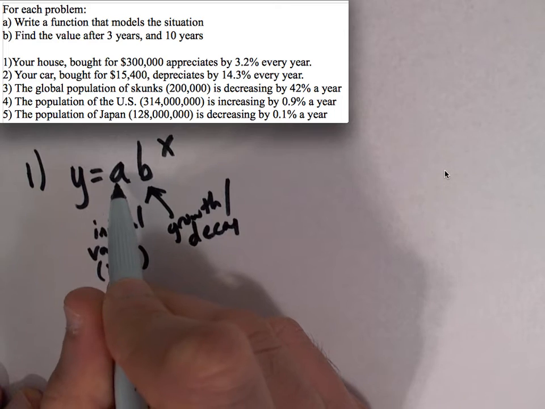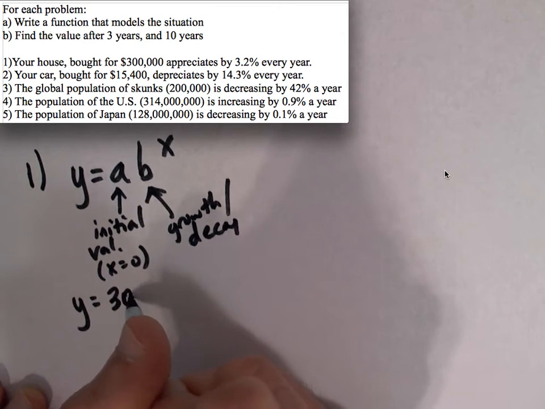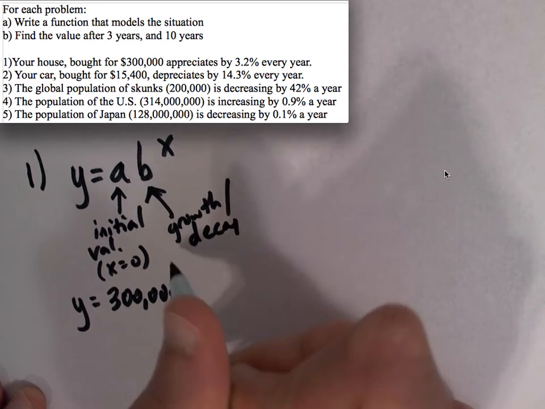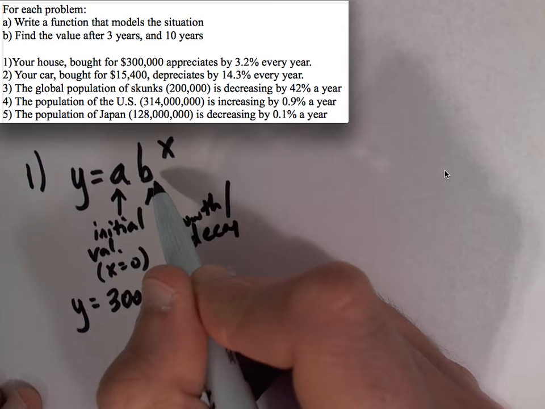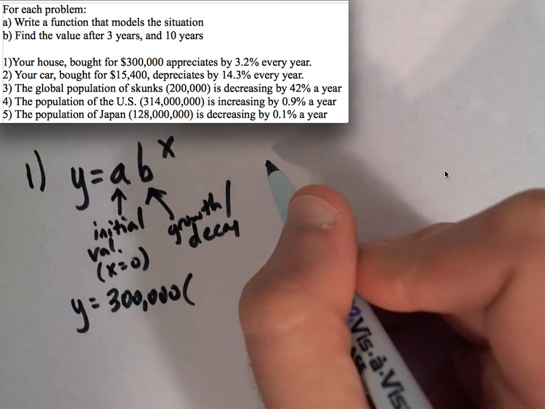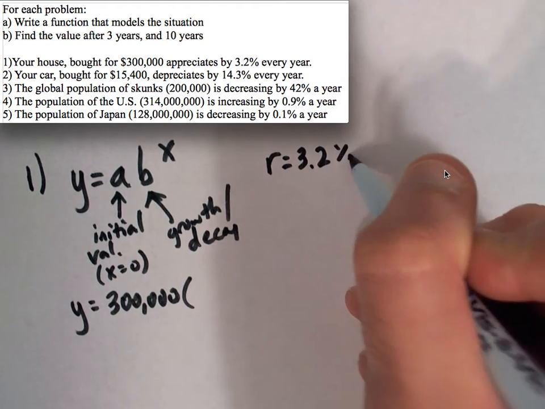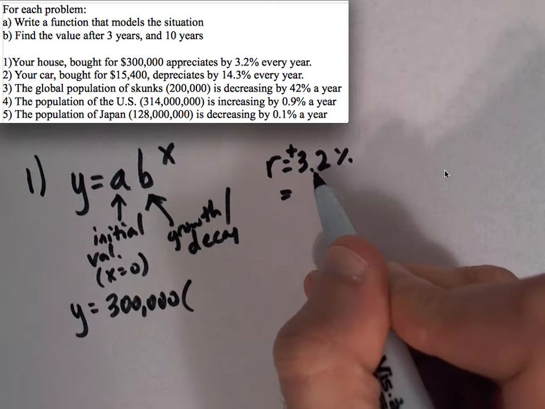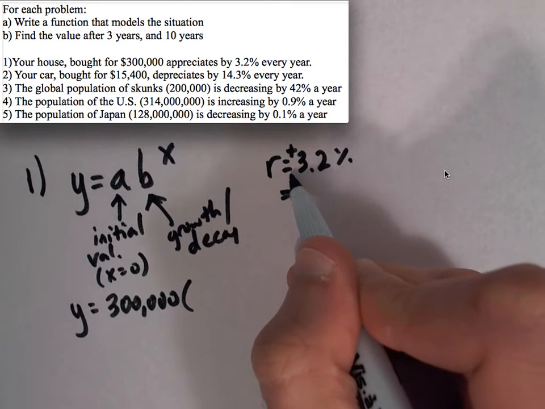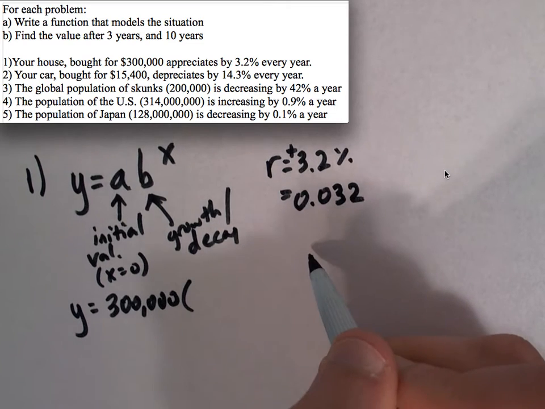So the first one, the initial value is pretty simple. It's bought for $300,000, so a equals $300,000. Now we need to figure out, is it growth or decay? Appreciates means it's going to go up. So we'll call that our r. Our r is 3.2%, increasing. We calculate that as a decimal: move it over twice, 0.032.